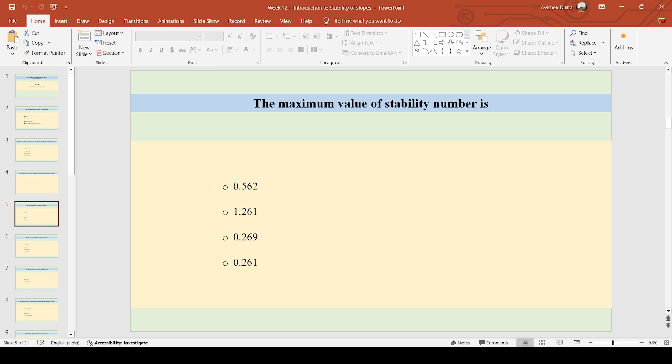The maximum value of stability number is 0.562, 1.261, 0.269, or 0.261. Okay, next question.